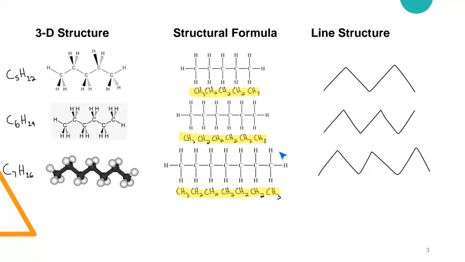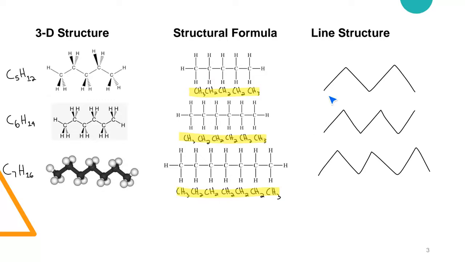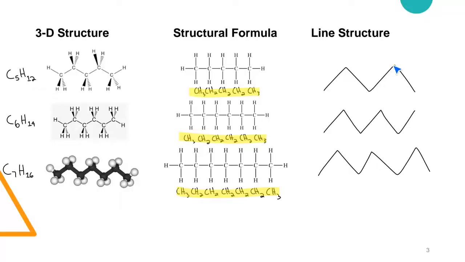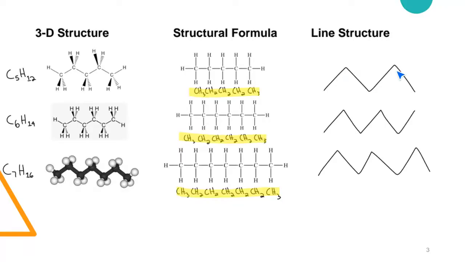Okay? And if we want to get even simpler, we can use line structure. And line structure is where points like these represent carbons, and the lines represent carbon-to-carbon bonds. Okay? And we know that all carbons have to have 4 bonds to be stable.